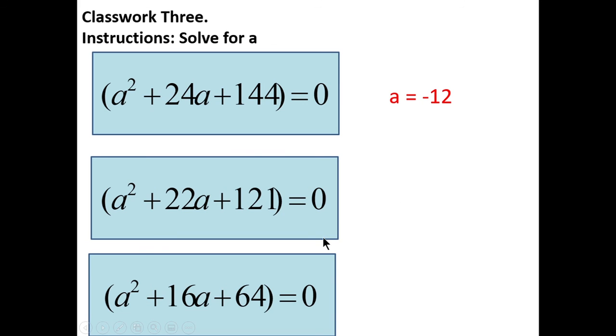All right, let's look at the next one. For this one here, I got A is negative 11. The only way this thing could be true is if A was a negative 11.